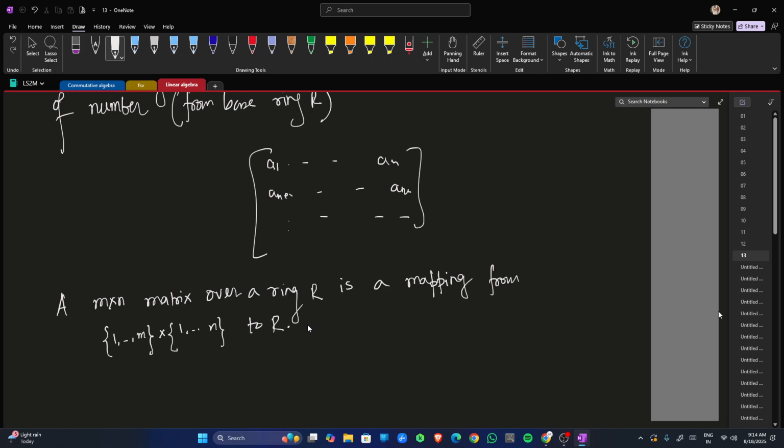So what is that? A matrix is basically a mapping from the set 1 to m cross 1 to n to R. This is an m cross n matrix.